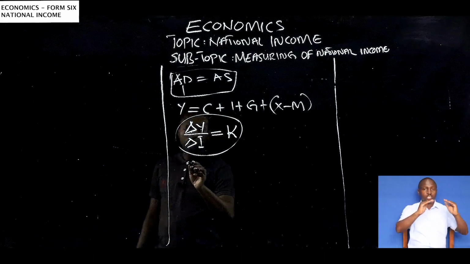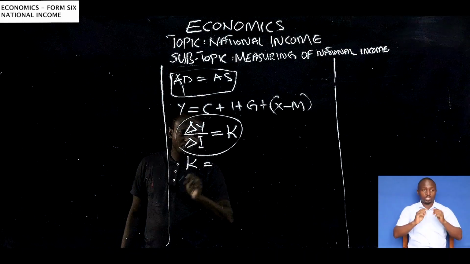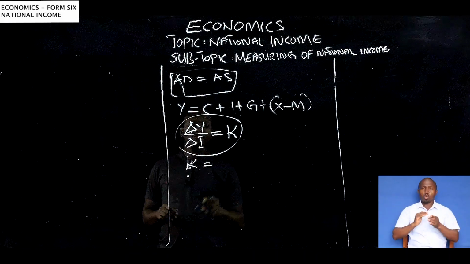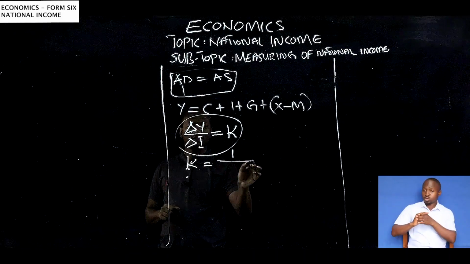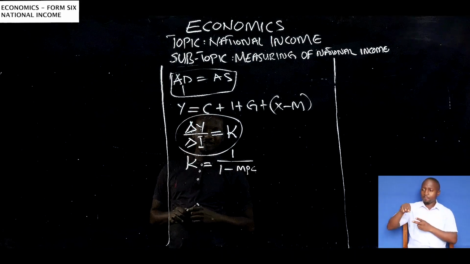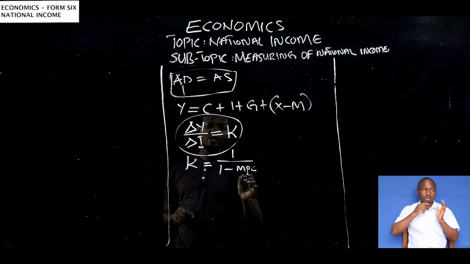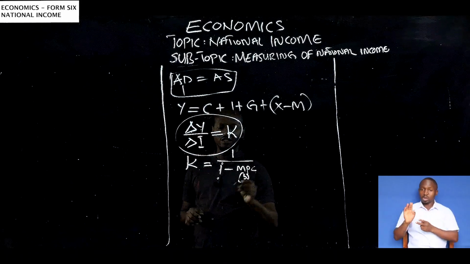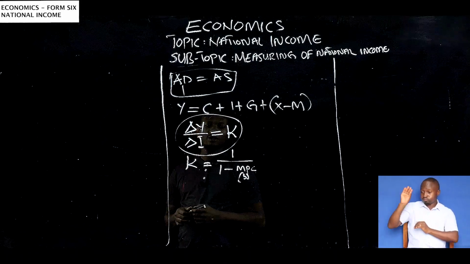Or we can use another way: 1 over 1 minus the marginal propensity to consume. Marginal propensity to consume is B, and we get it from the consumption function.